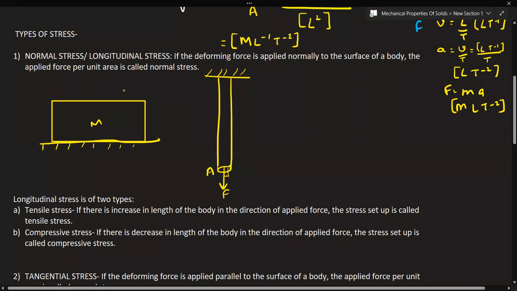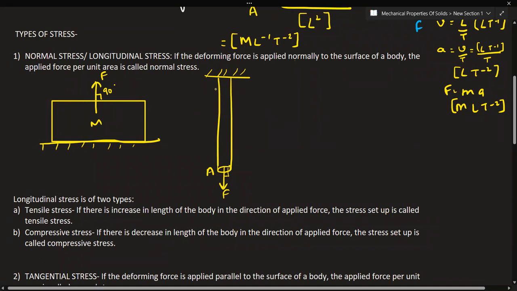If the deforming force, the force that produces change in the configuration, is applied normally to the surface, like for example, I have taken this block of mass m and I've applied a force in the upwards direction, it means it is making an angle of 90 degrees to the surface. Then the force per unit area developed would give me normal stress.